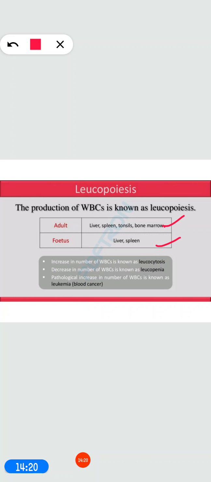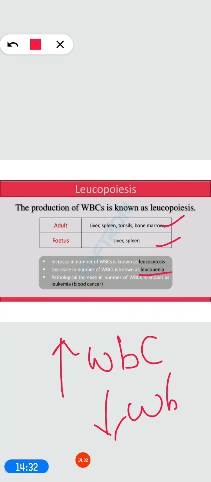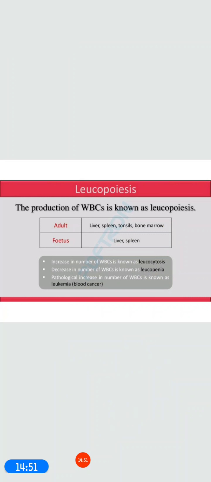Leukocytosis means increase in the number of WBC, and leukopenia means decrease in the number of WBC, and the pathological increase in the number of WBC is known as leukemia. This is known as blood cancer. This is the production of WBC.